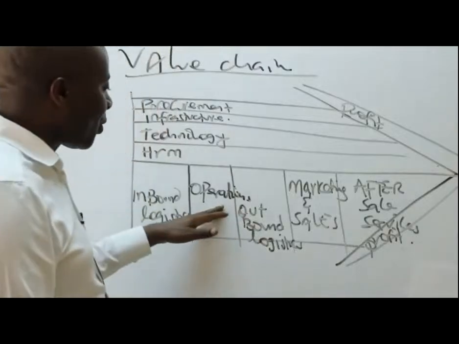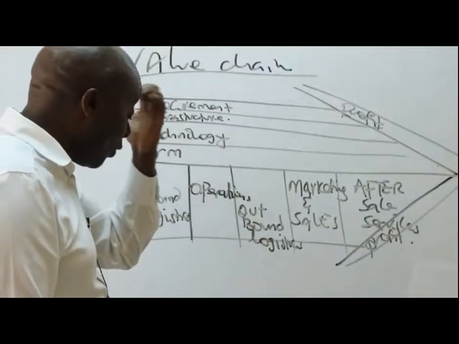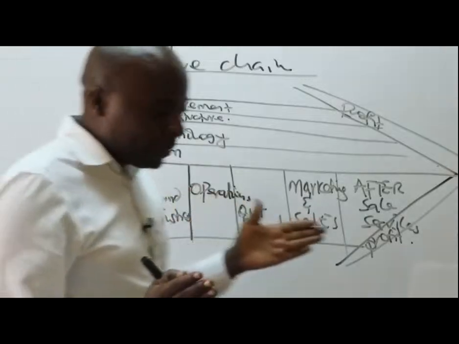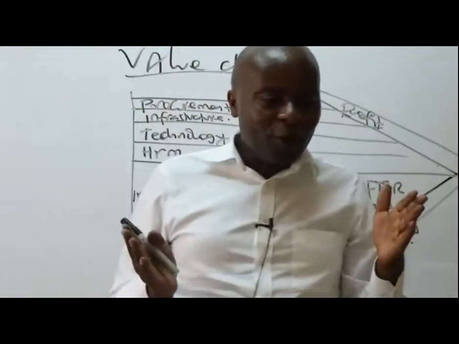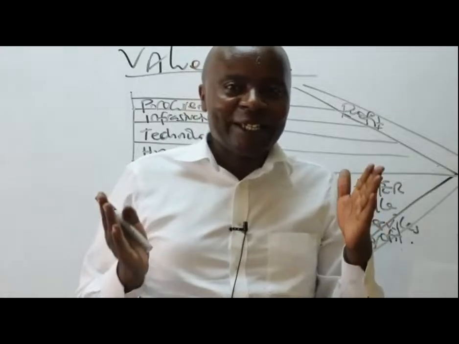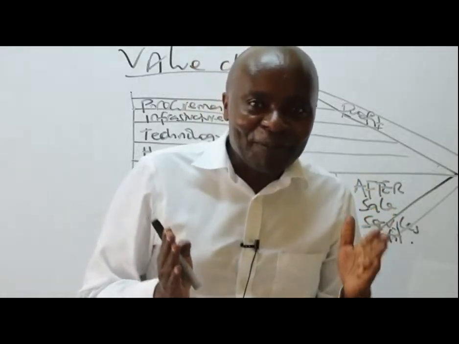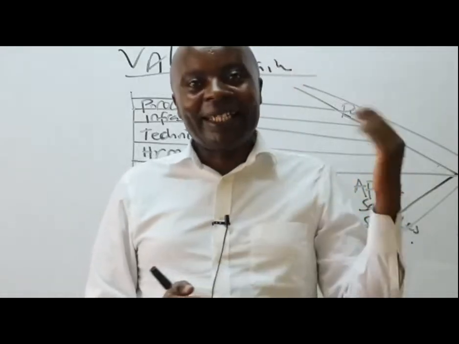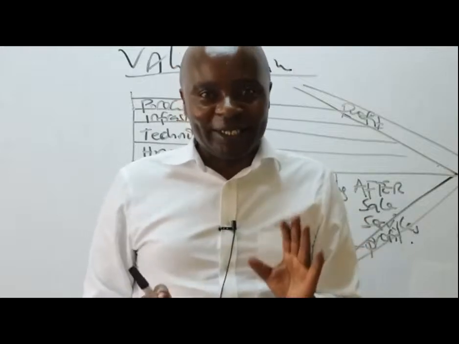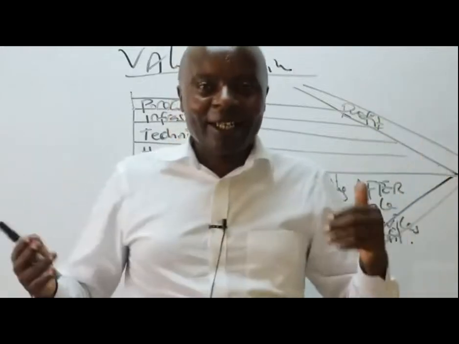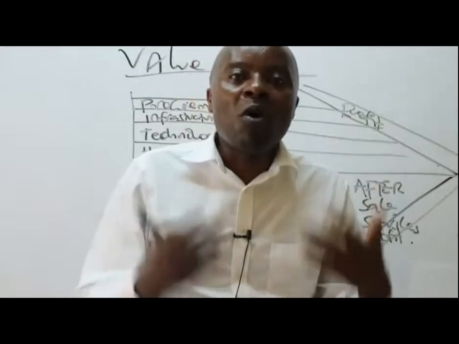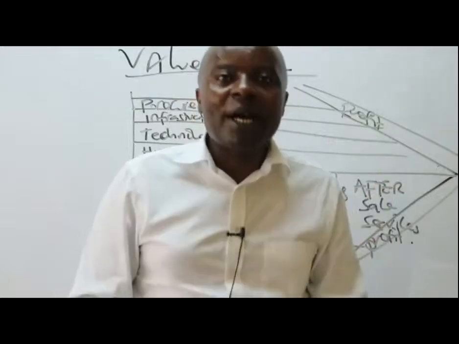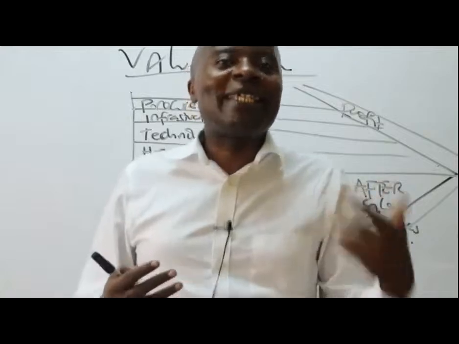So come to operations, ladies and gentlemen. Listen to me very well. Operations, when you go, for example, to Serena Hotel, the other day they were demolishing their kitchen, right? Walls, demolishing. Why? Because they have known the modern consumer would want what we call an open kitchen.